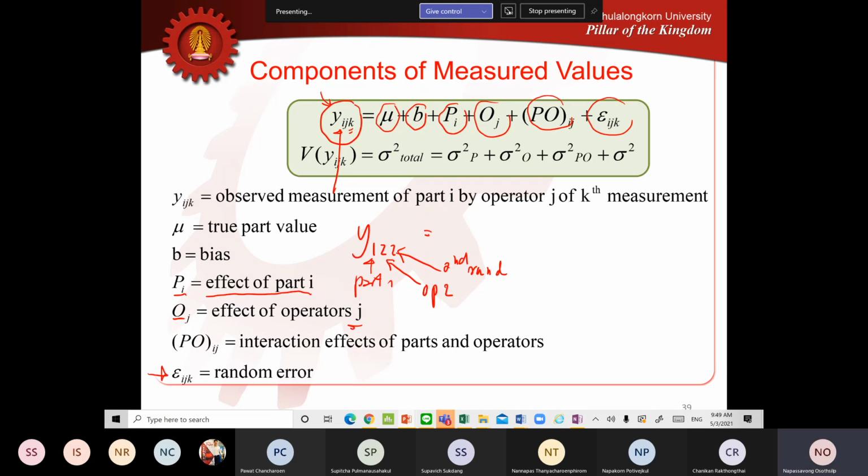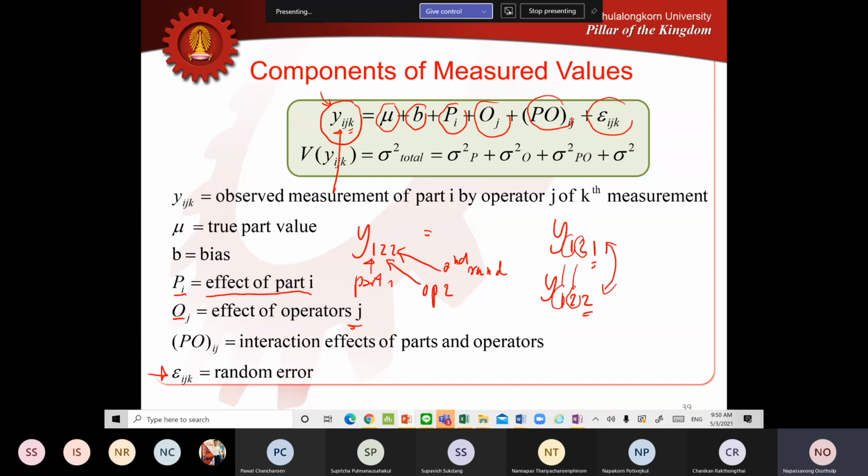So it means, for example, if we measure the first part by the second operator the first time and compare with the second time, and there is variation, in statistics we say that we do not know the source of this variation, because this variation came from the same part and also the same operator, but different times of measurement. So the difference that happened comes from a random source.